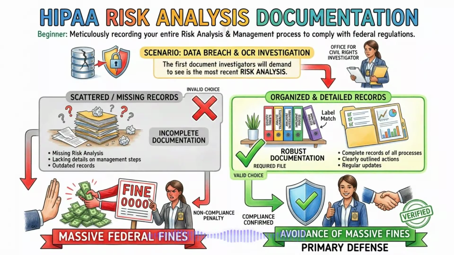If an organization suffers a data breach and is investigated by the government, the very first document the investigators will demand to see is the most recent risk analysis. Knowing that robust, detailed documentation is your primary defense against massive federal fines is a key takeaway for the CHPS exam.